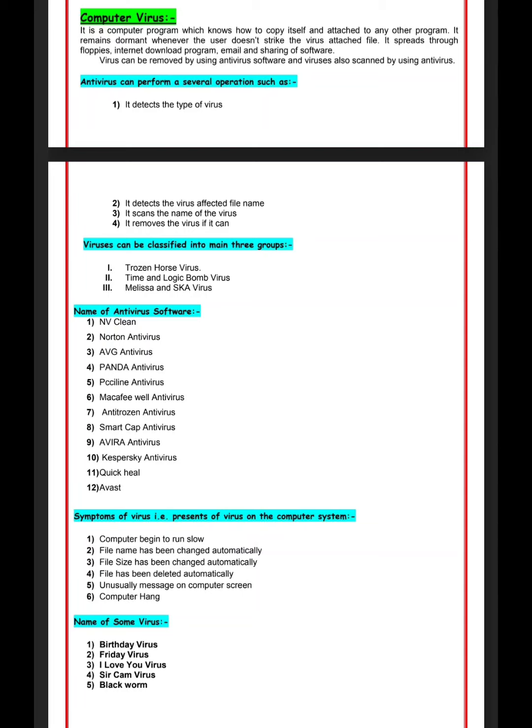Antivirus can perform several operations: it detects the type of virus, it detects the virus affected file name, it scans the name of the virus, and it removes the virus if it can.